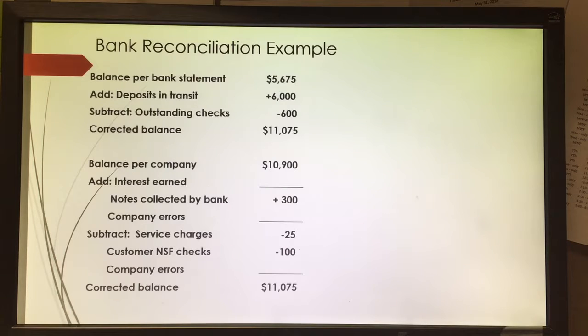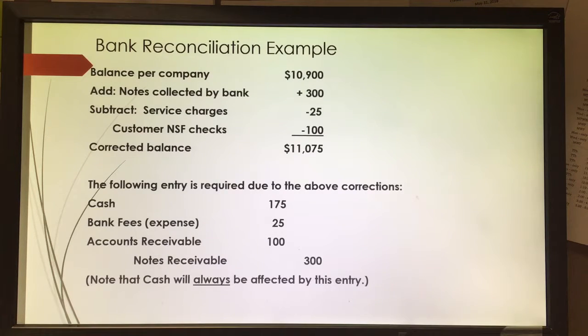But notice something, we've got one more thing to do. Because these reconciling items on this second part of the reconciliation represent items that are adjustments to the company's cash account, we actually have to make a journal entry related to that.